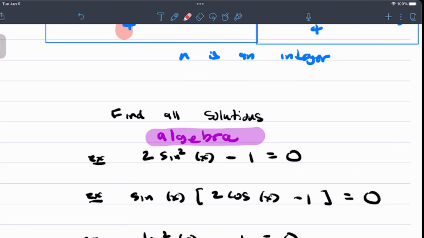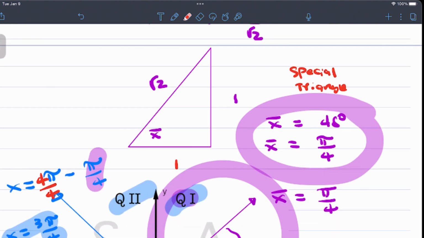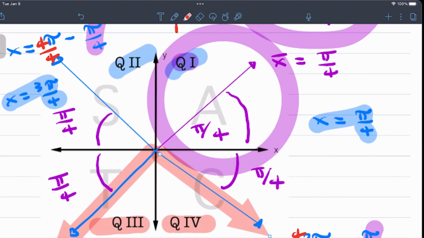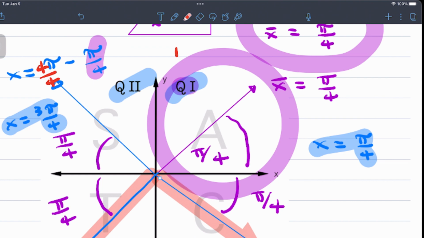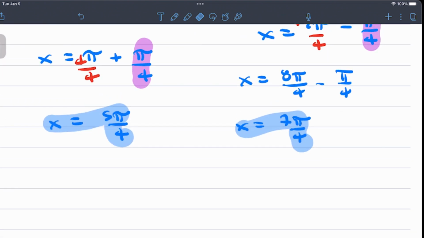So how do we find all solutions? Let's go back, okay? I'm going to get rid of this stuff here so it doesn't look so busy. And now we got to generate all solutions. In other words, they want the general form. Is that right? Because they said all solutions.